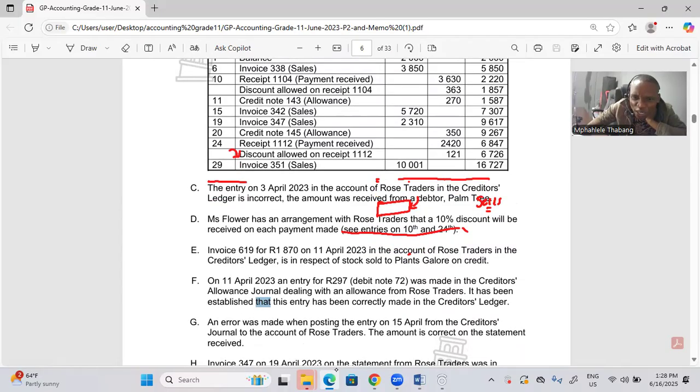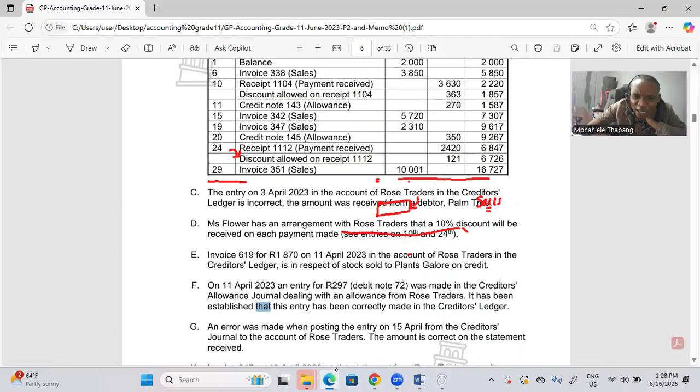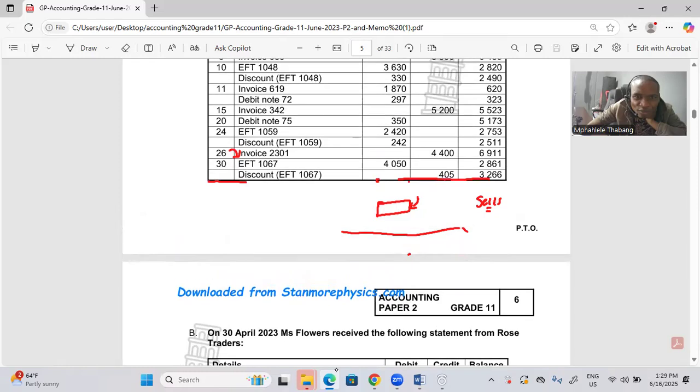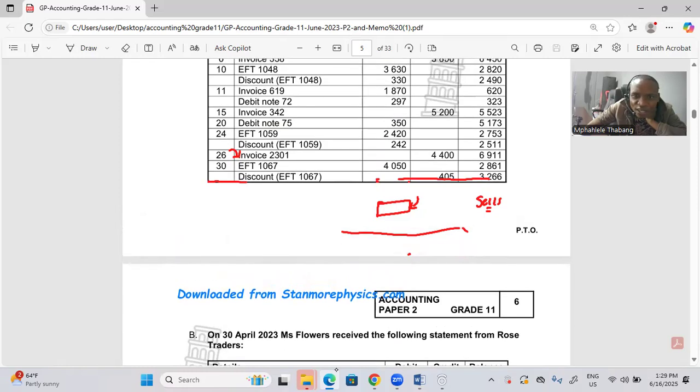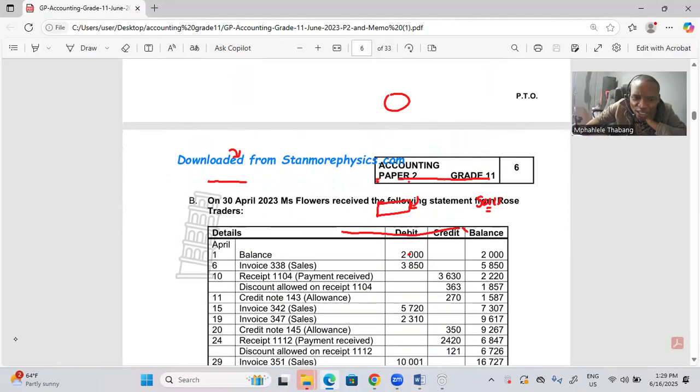So let us go to check debit note 72, which is on the 11 April 2023. Yes, this debit note of 297, they are saying it's correctly recorded in the creditors ledger. So we have to check if maybe they made a mistake in the statement.